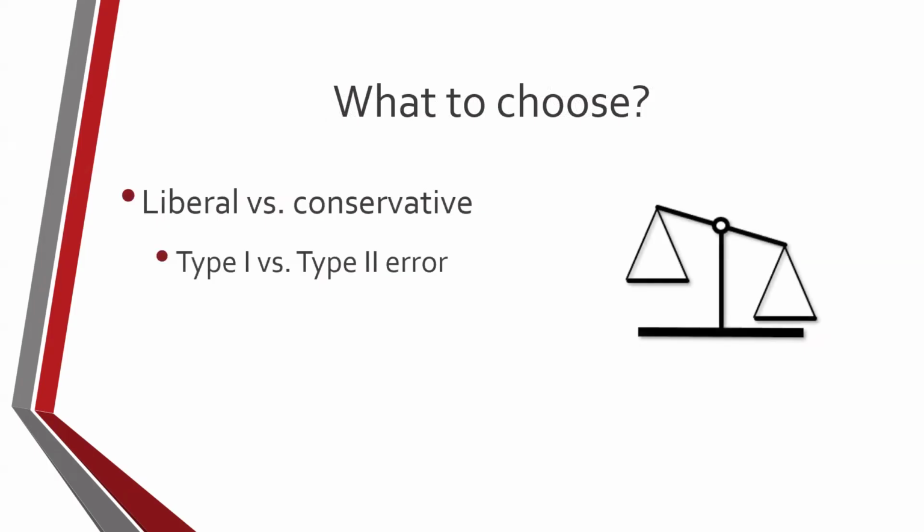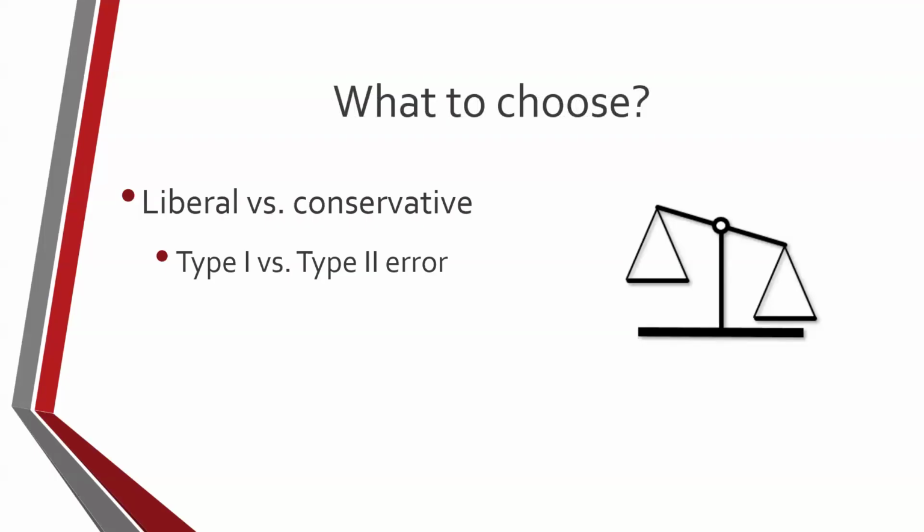And so the perfect question here is which one is better? Which one should we choose? There's a few different things at play here for the selection. Probably first and foremost is you can classify the tests by how liberal or conservative they are.